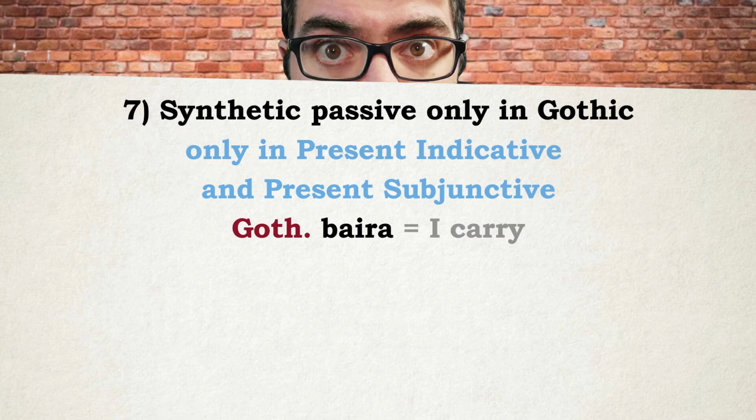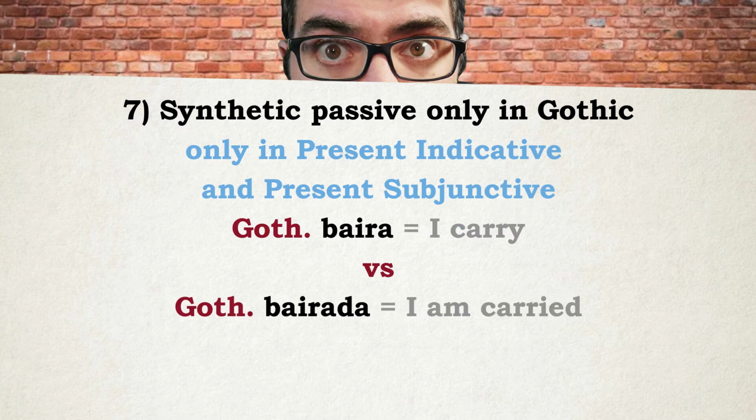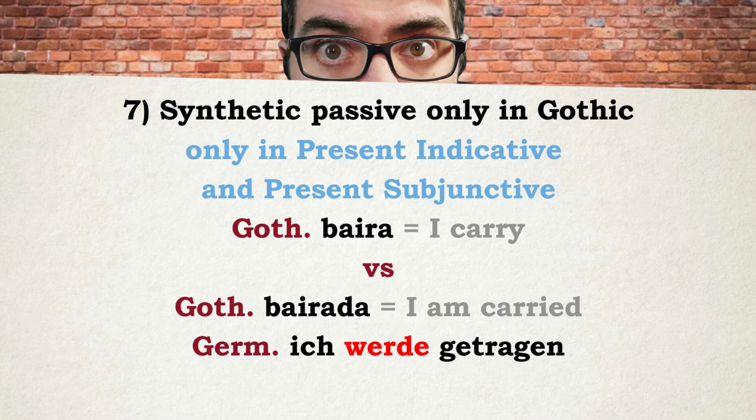See Gothic baira, I carry, versus bairada, I am carried. As you see, in English the passive voice is expressed with the help of an auxiliary verb, to be, and the same happens in the other languages, werden in German, bli in Norwegian.